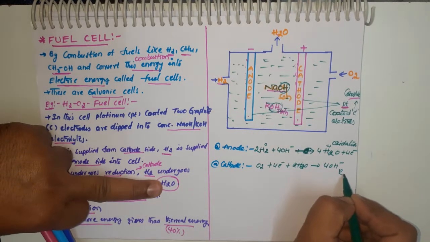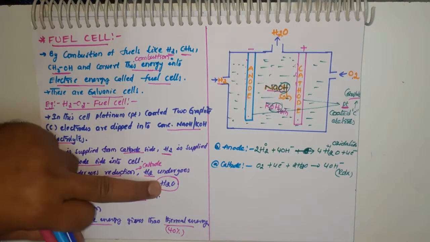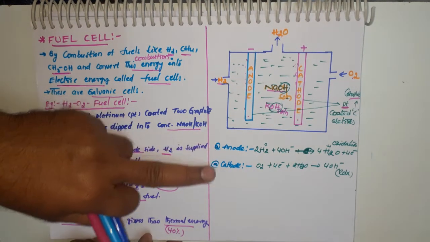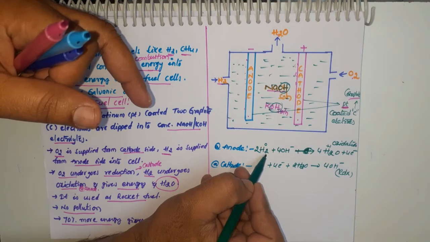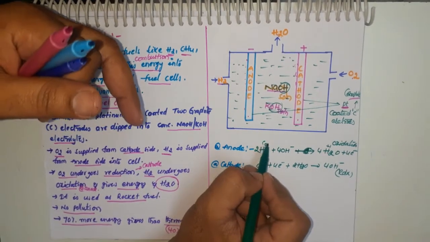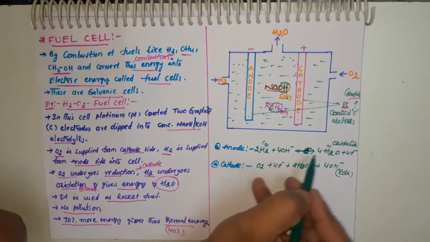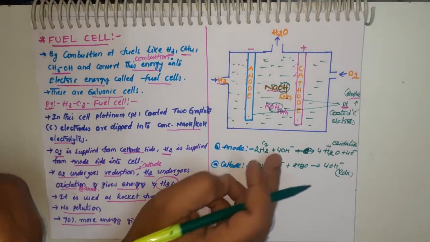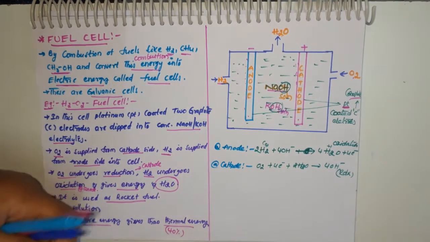This is reduction. Okay, students, these are the reactions at anode and cathode. At the anode, hydrogen gas undergoes oxidation with 4OH minus ions from KOH or NaOH.